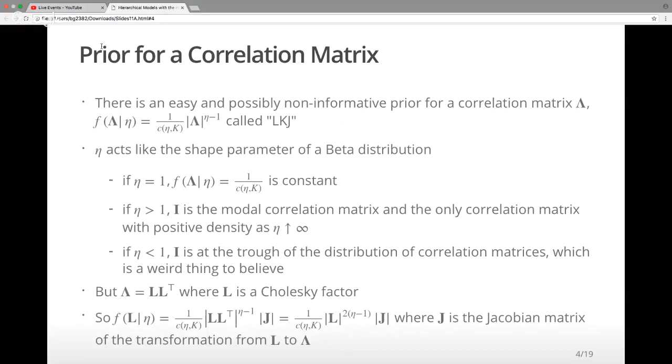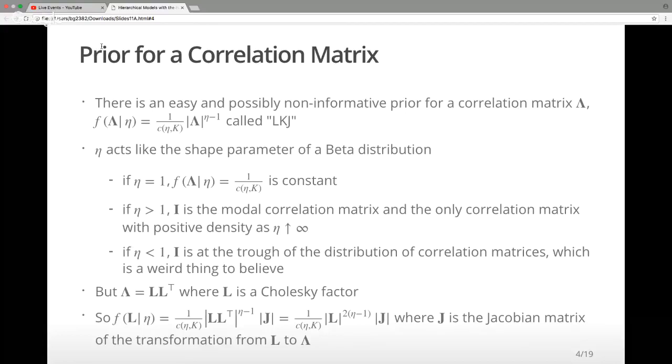Even if you sort of intuitively think, well, these correlations can't be all that big, you don't necessarily have a strong belief that they're extremely close to 0, or at least some of them could venture away from 0 quite a bit. If eta is less than 1, then the identity matrix is at the trough of the distribution. So it is literally the least likely correlation matrix under the prior, which is a weird thing to believe.